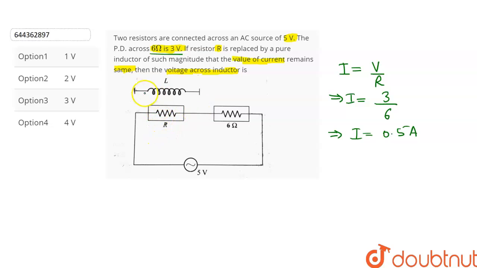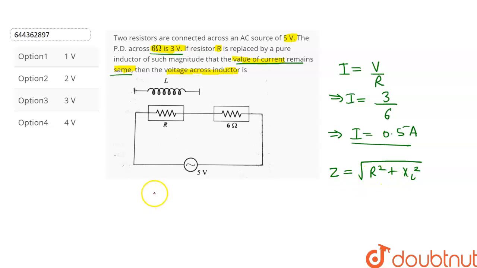Now this resistor is replaced by a pure inductor of such magnitude that the value of current remains same. So the value of current will remain same, which is 0.5 amperes. And after the inductor is introduced, the impedance of the circuit will be given by Z is equal to under root of R square plus XL square.